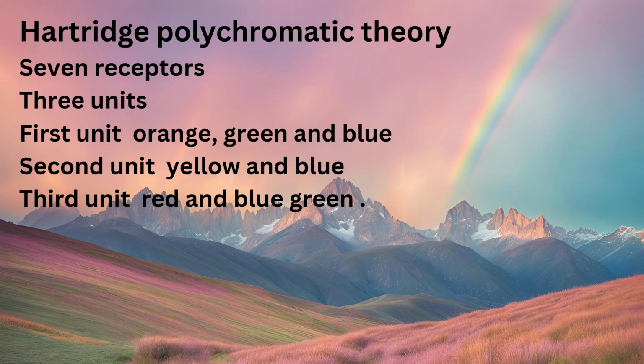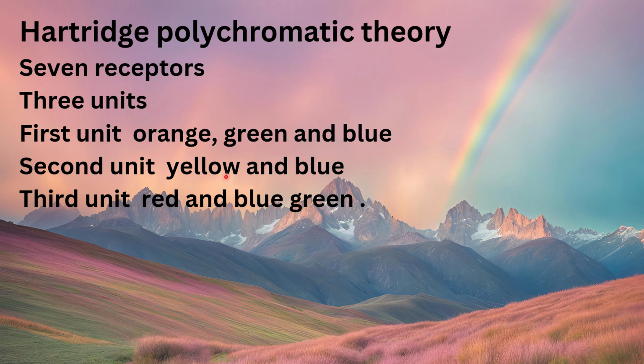Hartridge polychromatic theory. According to this theory, the human retina has 7 types of receptors. These 7 receptors are divided into 3 units. First unit is the tricolor unit that consists of receptors for orange, green, and blue.